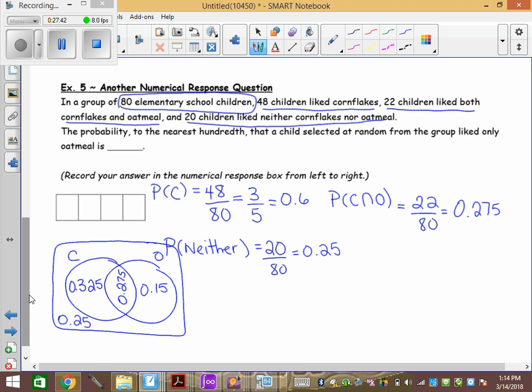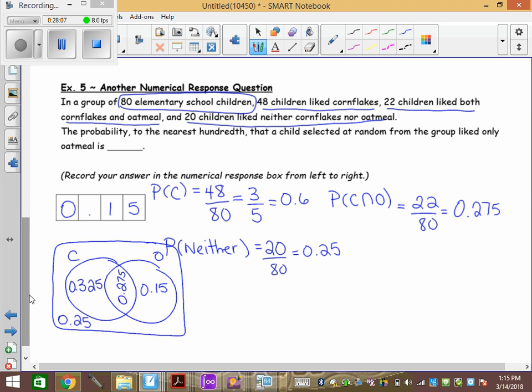So the probability to the nearest hundredth that a child selected at random from the group liked only oatmeal is how many? 0.15. Does it make sense how you work through it? Now you could have done the Venn diagram completely with just numbers and not probabilities. The Venn diagram would have to add to 80.